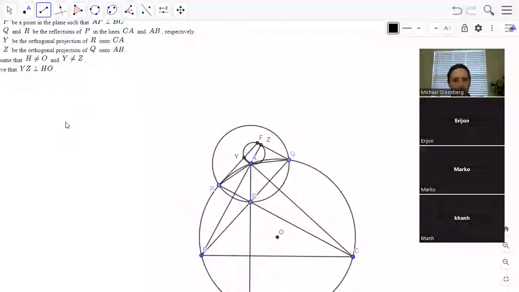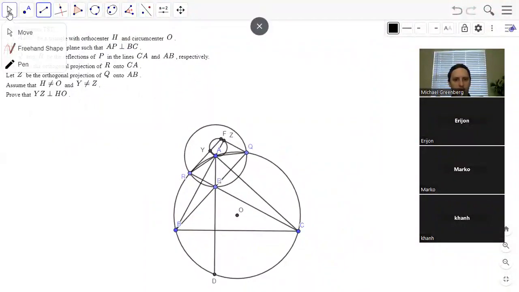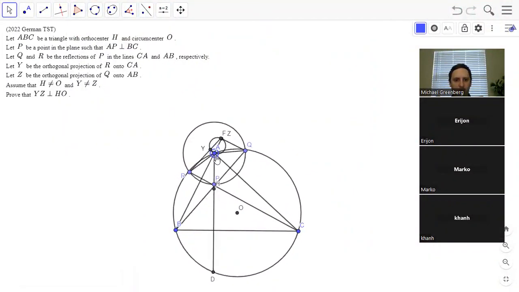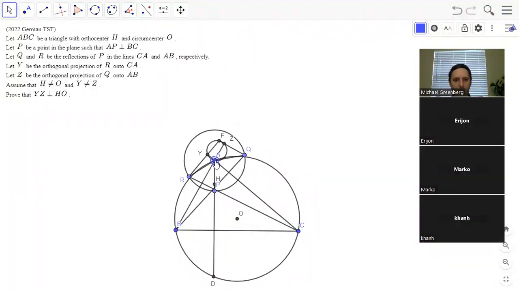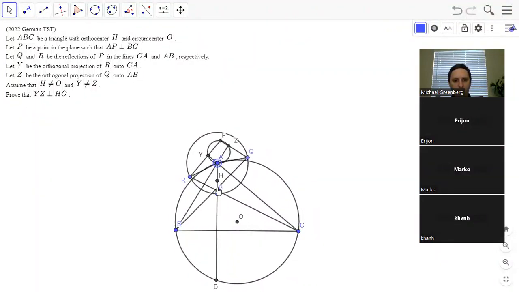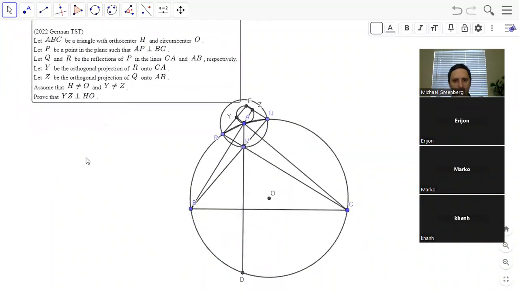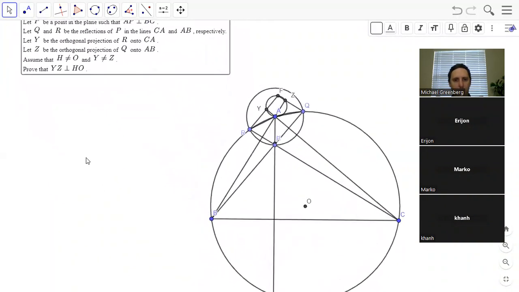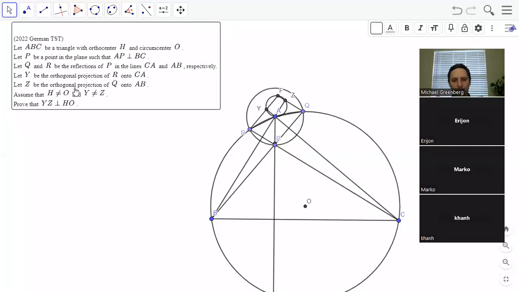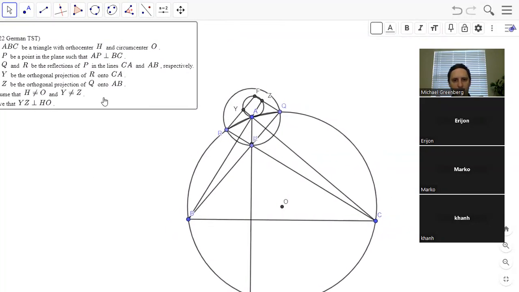So let me then make, yeah, because F and Z are kind of close together, let's see if I can make F and Z a little farther apart. It's not going to be perfect, I guess, but yeah, we can do it like that.